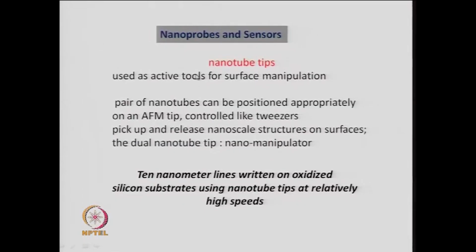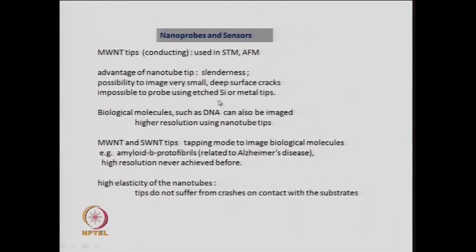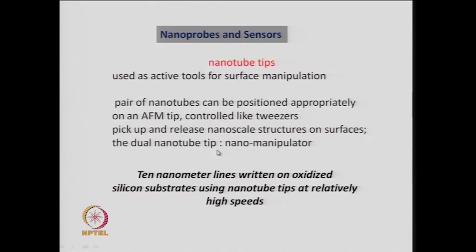Now, these nanotube tips can not only sense or image the surfaces or the cracks as we discussed, or look at the surface of these biomolecules, but you can also use these nanotube tips for manipulation, for surface manipulation, like a tweezer.